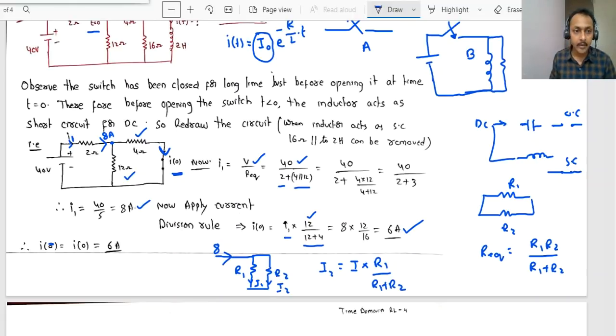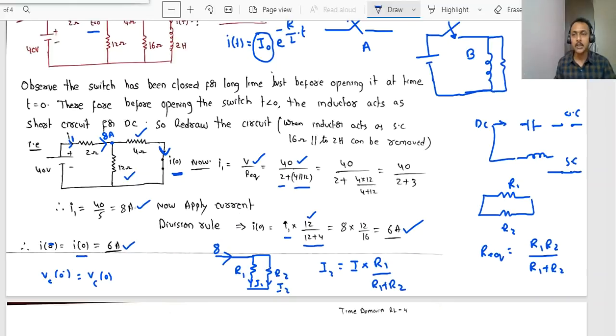That is why we write I0 minus is also the same as I0. If you observe for the capacitor, we have written VC 0 minus is also the same as VC 0. For the capacitor, we have done that, right? Now the initial current is 6 amps.